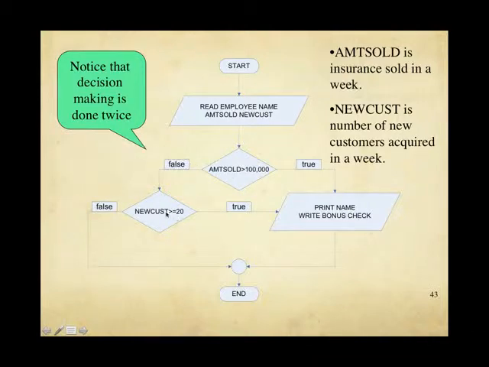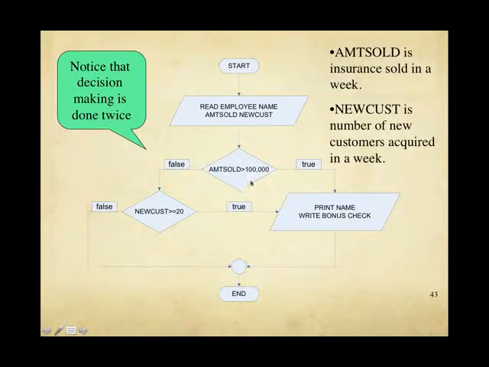If that is false, then we test for new customers. If new customers is greater than or equal to 20, if that is true, do the same thing, print name and write a bonus check. If this is false and both are false, then we do nothing.